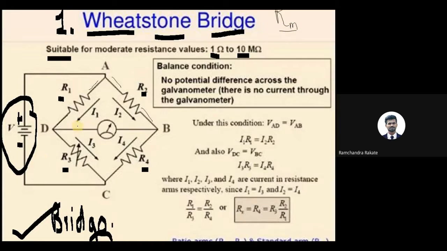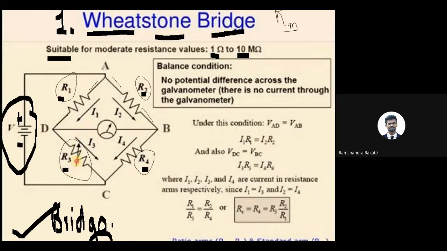So among these, one resistance will be the unknown resistance. Here we will keep R4 as the unknown resistance. All the remaining resistors have values that we know, given in our data, and R3 is a standard resistor.